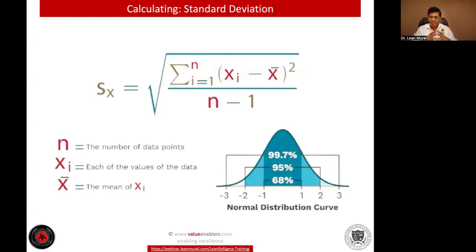You will find 95% of the data within plus or minus 2 standard deviations. And you will find 99% of the data within plus or minus 3 standard deviations. So the important thing is, you calculate the standard deviation and you can be sure that 68% would be within plus or minus 1 standard deviation, 95% within plus or minus 2, and 99.7% within plus or minus 3 standard deviations.